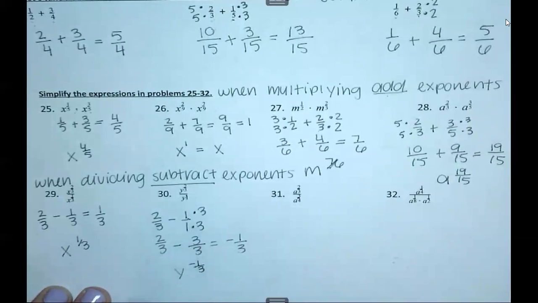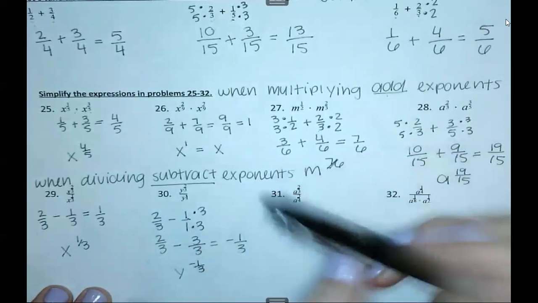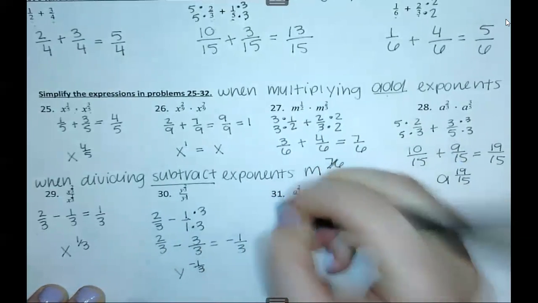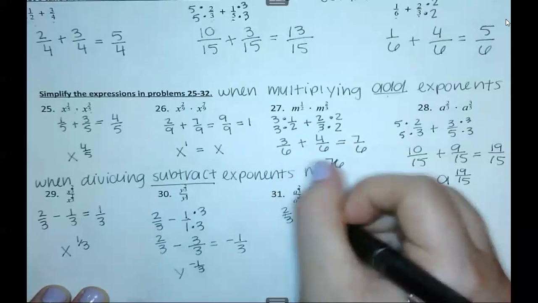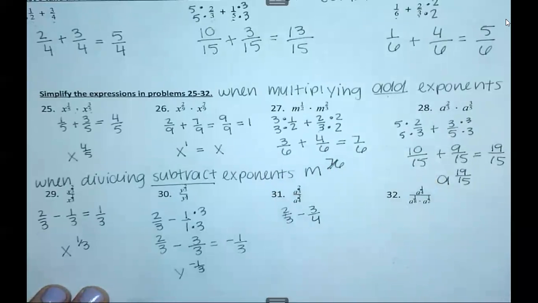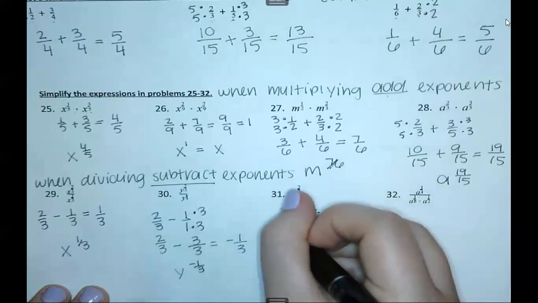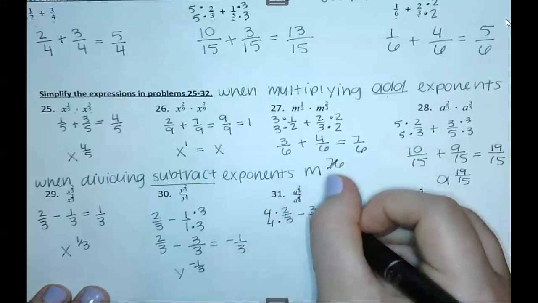Number 31, I have a to the 2/3 power over a to the 3/4 power. So we are subtracting here. We're going to need a common denominator first. So something that both of these would go into would be 12. I could multiply this side by 4, but then I would have to do it to the top as well.